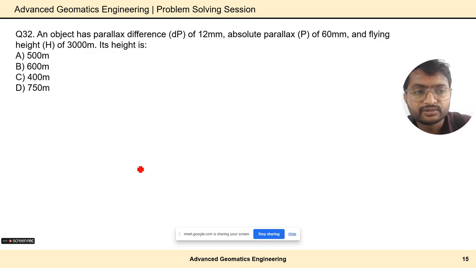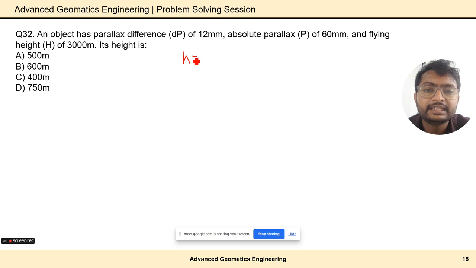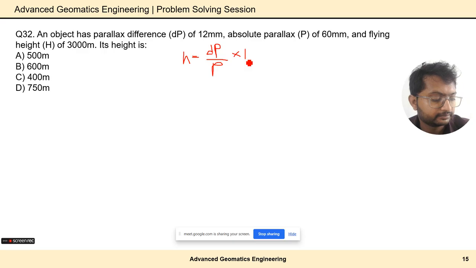Yes. Fine, no issues. So we'll write down the formula. H will be given by dP by P, so dP means the parallax difference, divided by P, which is your absolute parallax, and then into your height, capital H. So now plug the values into this.